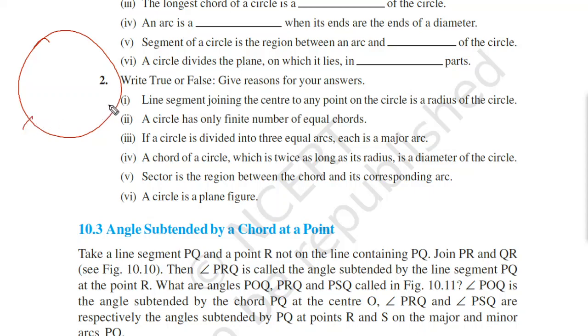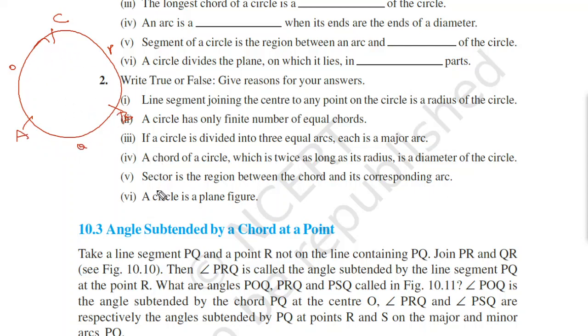So suppose we name the points A, B, C. Now you can name another point, suppose P for arc AC, Q for arc AB, and BPC arc. 3 arcs are there and they are of equal length.